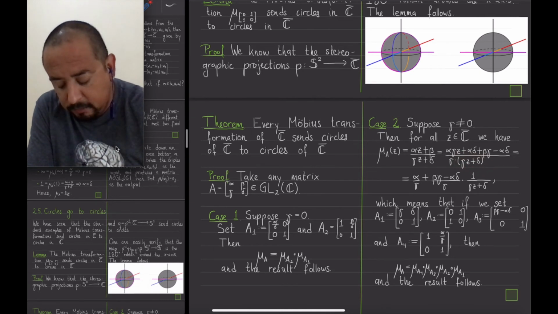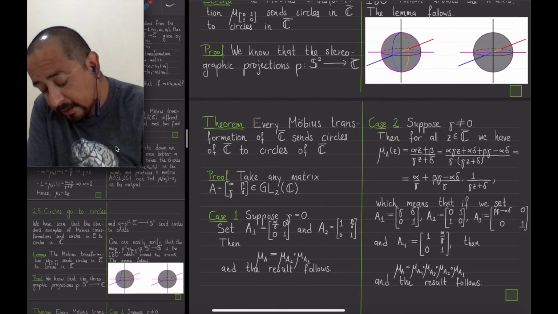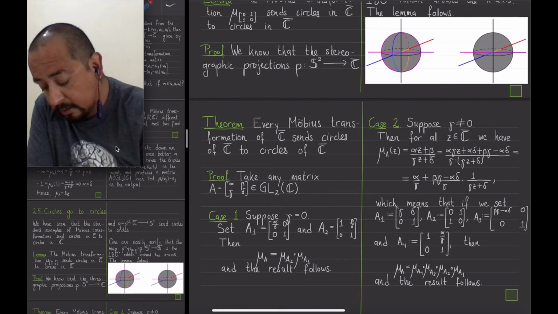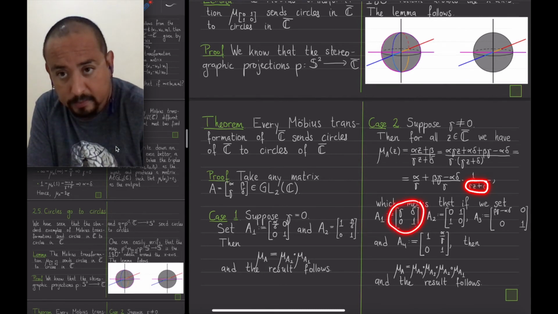Okay, so once we did that, we notice what is the process we are following? In order to obtain mu of z from z, what do we do? Well, first we multiply z with gamma and add delta. So that's the first thing we do, which we know sends circles to circles.